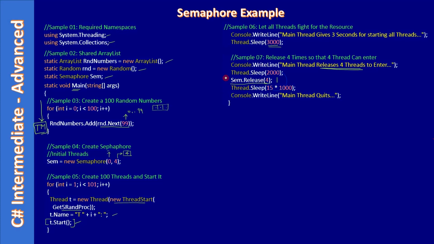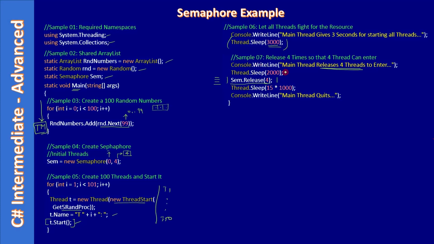That means we are asking to release 4 threads. By this time there will be a queue of 100 threads. Why? Because we created threads T1 to T100, right? And we are giving enough sleep time also. So by this time all threads are waiting on the WaitOne method of this method. This method uses the semaphore, and once we go to that method, you will know.